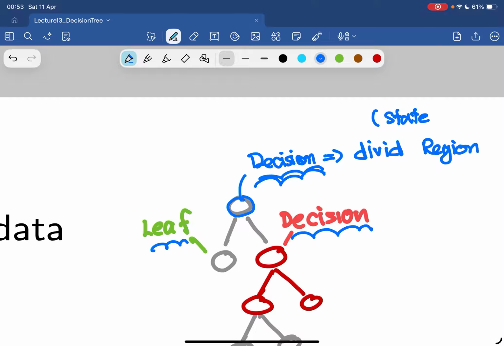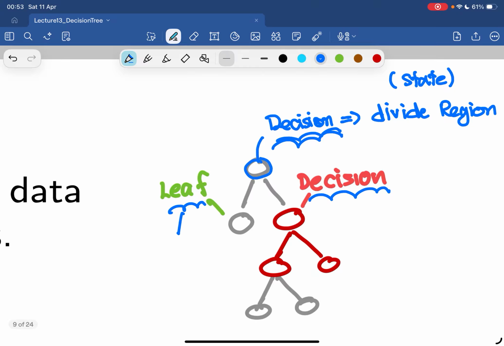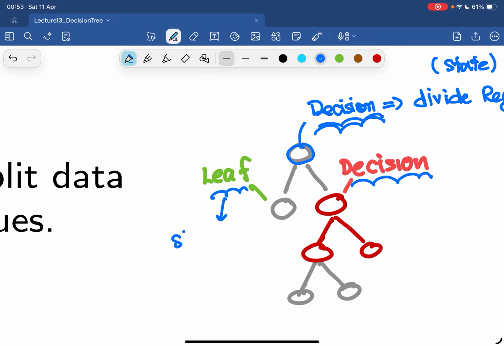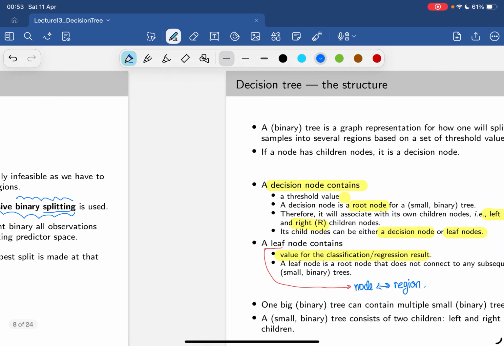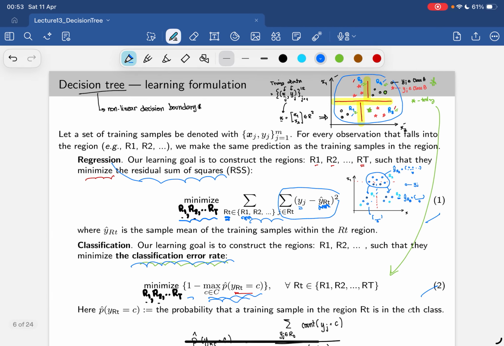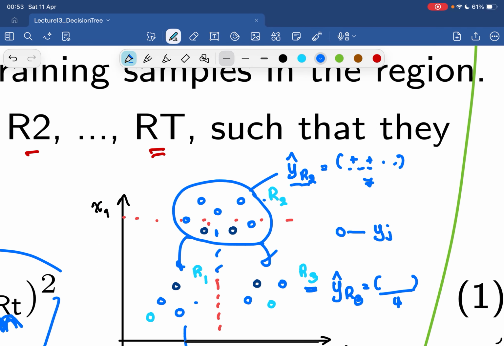It's a state where you want to divide the region. But if it was a leaf node, this means that it is a state where you want to assign the final value. It's like you assign the value to that region. Like when I said that, for this region, I want this to be the representation.